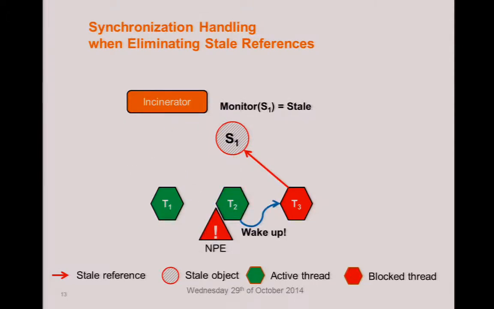When it does so, the monitor acquire method that we modified will remove the reference to S1 and will wake up the next blocked thread and will throw a null pointer exception to indicate that the monitor could not be acquired because it's a monitor of a stale object. This will happen in a cascaded way like this until the last thread gets woken up. It will do exactly the same thing. It will throw a null pointer exception to indicate that it could not lock the object.